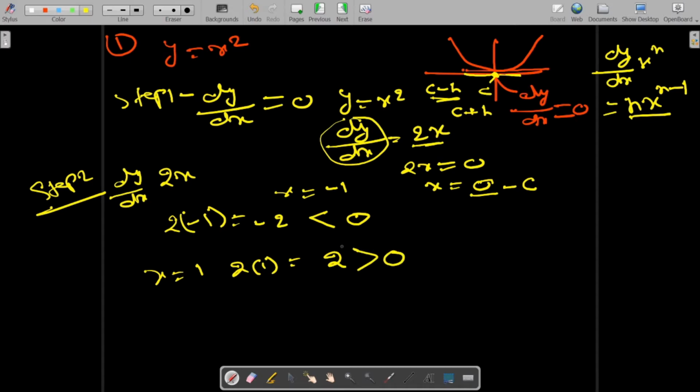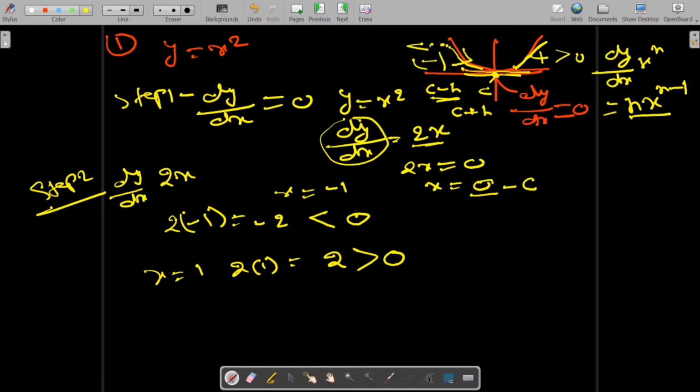So if you see carefully, at this point slope is 0, but before this point the slope is decreasing, and after it the slope is increasing. It is first decreasing and then coming up. So here the slope will be negative, less than 0, and here the slope will be positive, greater than 0.